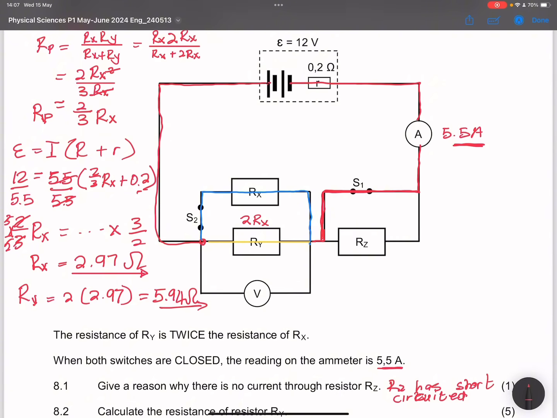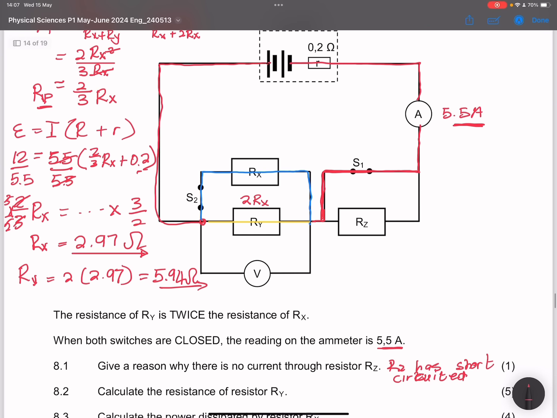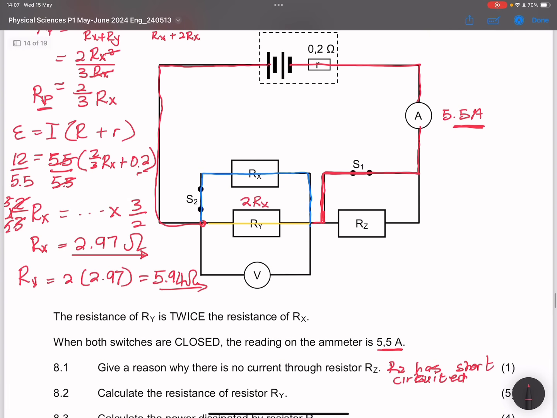However, do you remember we said that Rp, the parallel resistance, is 2 over 3 Rx? So if I want to find that Rp, I can now use that formula. So Rp would be 2 over 3 multiplied by Rx, which is 2.97.